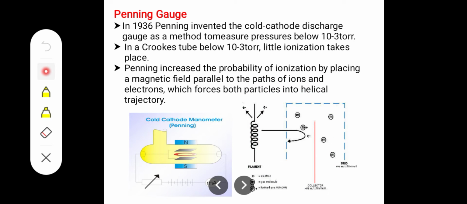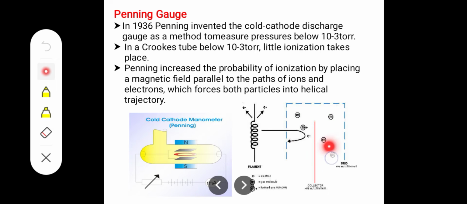First, as the grid is at positive potential, the emitted electrons accelerate toward the grid, and after that acceleration, the electrons first ionize the gas molecules present here.